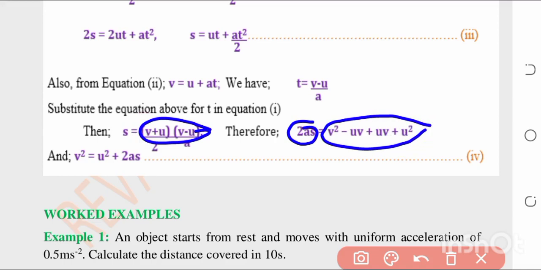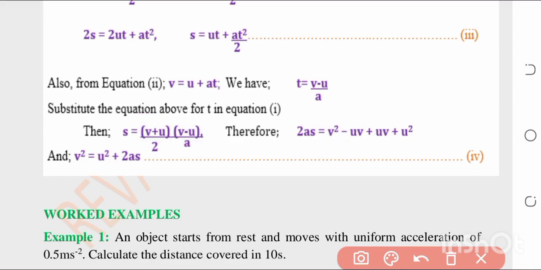This is what you've done in the past in mathematics. And as you can see from this one, or probably you can use a difference of two squares, definitely you are going to arrive at 2as equal to v square minus u square. Yes, that is what you have.